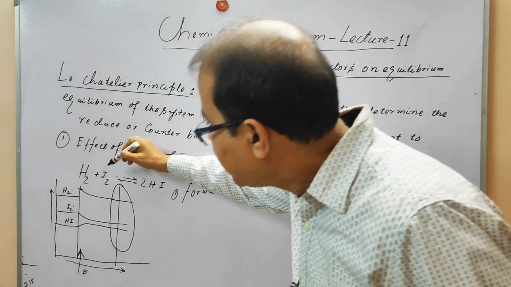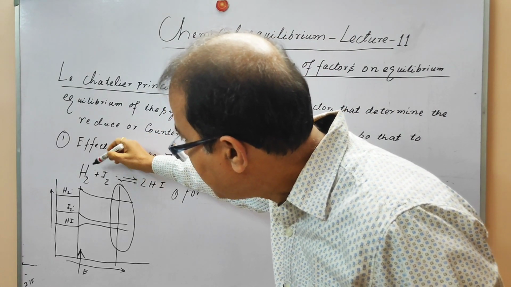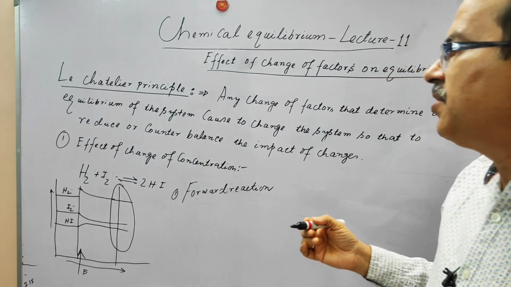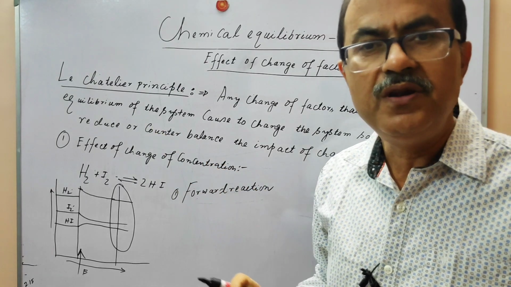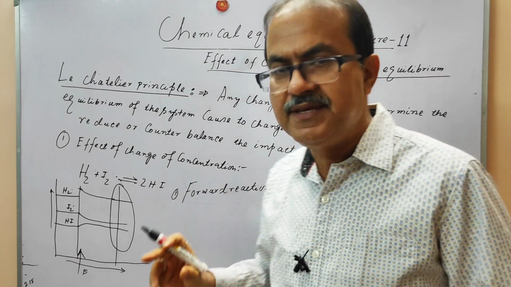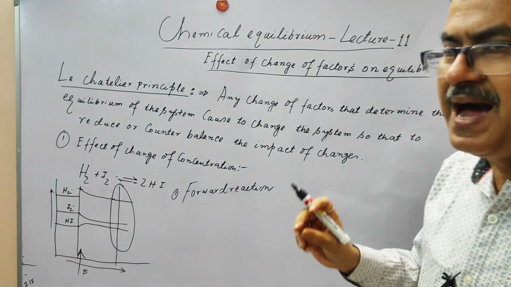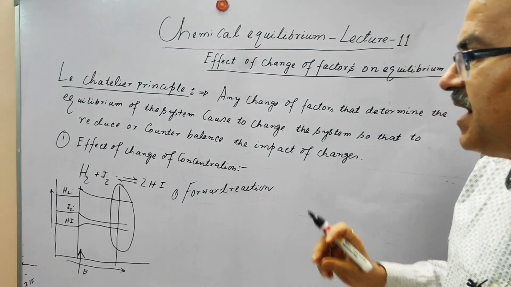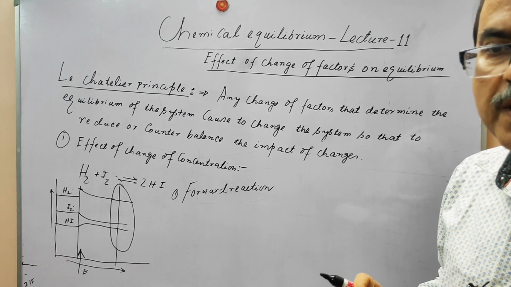But if we take out some iodine or hydrogen, then what is going to happen? Then the reverse reaction will go on. So in this way there is an impact of the added substance on the equilibrium.